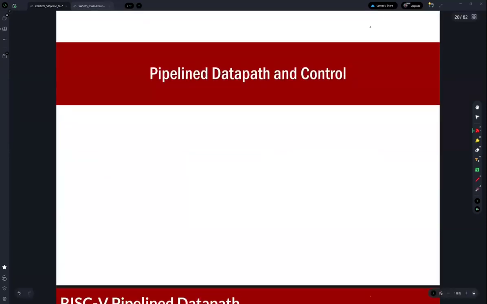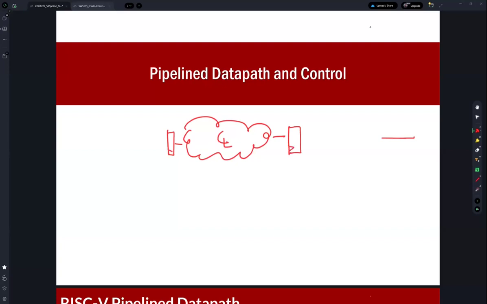I mentioned that this is the common digital design concept, right? It's the clock, and this is the combinational logic, and delta t is the delay of the combinational logic.